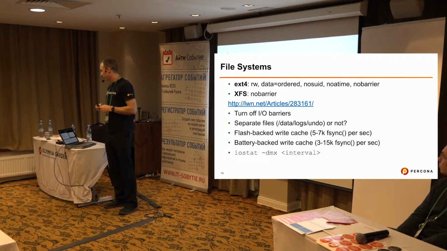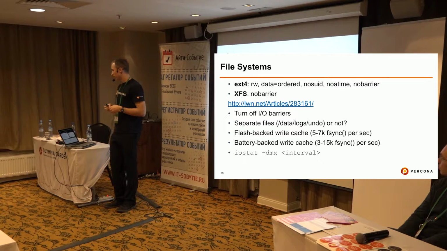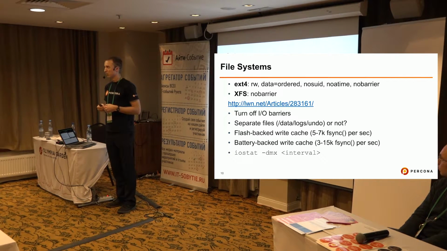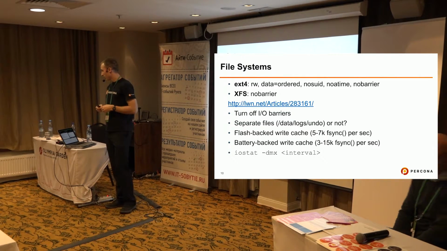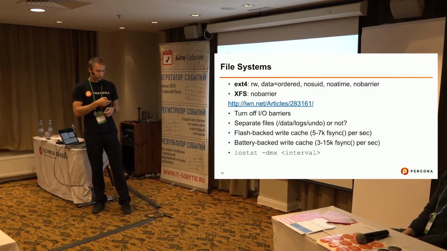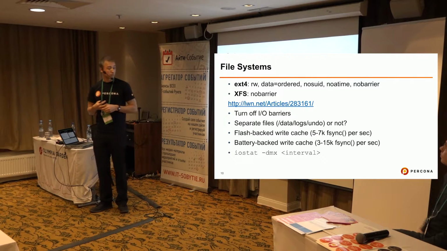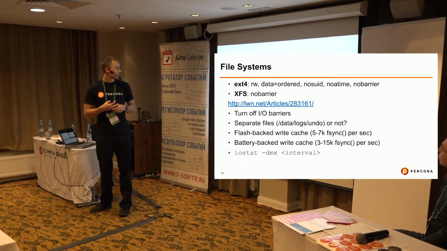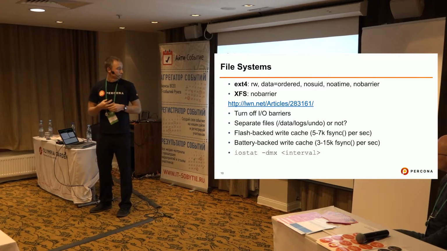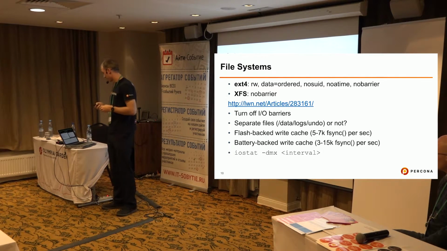And also InnoDB can flush pages at a much greater rate with barriers disabled. It's about 80 megabytes per second compared to 4 megabytes per second when the barriers are enabled. There are also other options that you should probably look at, but as I said, you can look at the man page and learn about mount options there. Okay.